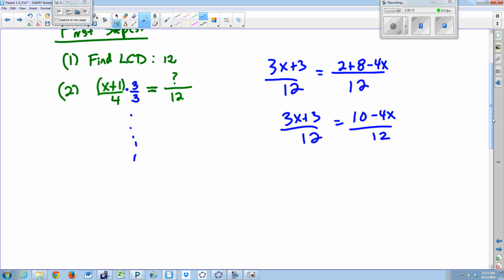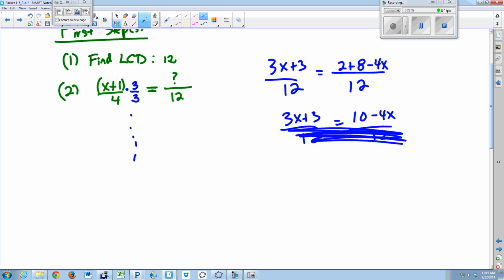Can you tell me anything right now on the left side and right side that's already equal? The denominator, they're both 12. That's irrelevant. The 12 right now has no say in the solution. It's gone. These are already equal. You can go right like that.